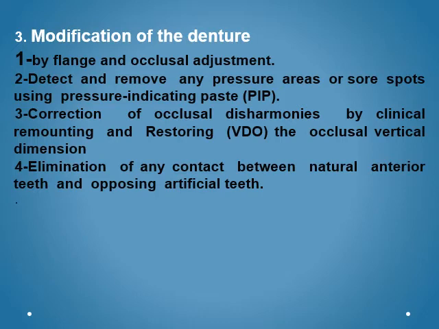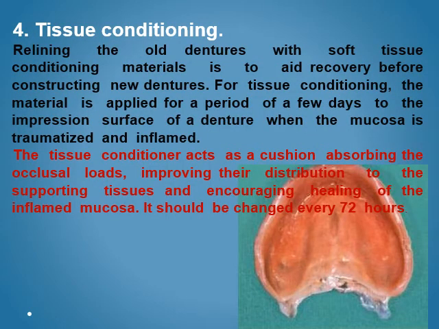Same as what we said, this is like a summary of what we explained. Elimination of any contact between the natural anterior teeth and the opposing artificial teeth. Tissue conditioning: reline the whole denture with soft tissue conditioning material to aid recovery before construction of a new denture.